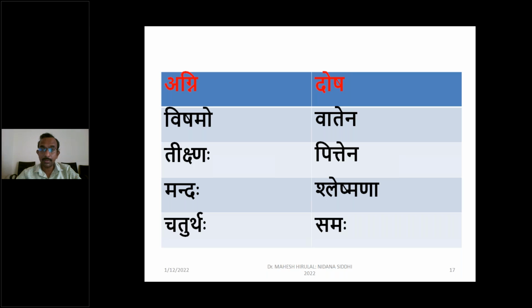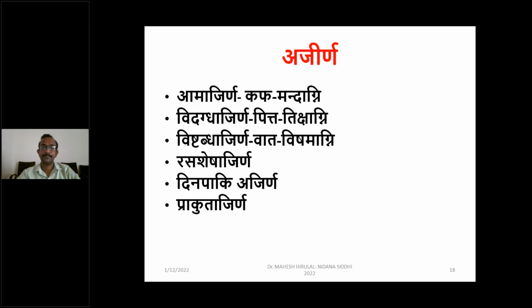So why is this important? Because when you understand Ajirna, we have different sets of Ajirna: Ama Ajirna, Vidagda Ajirna and Vishtabda Ajirna. Their symptoms are related to the dosha and the Agni.